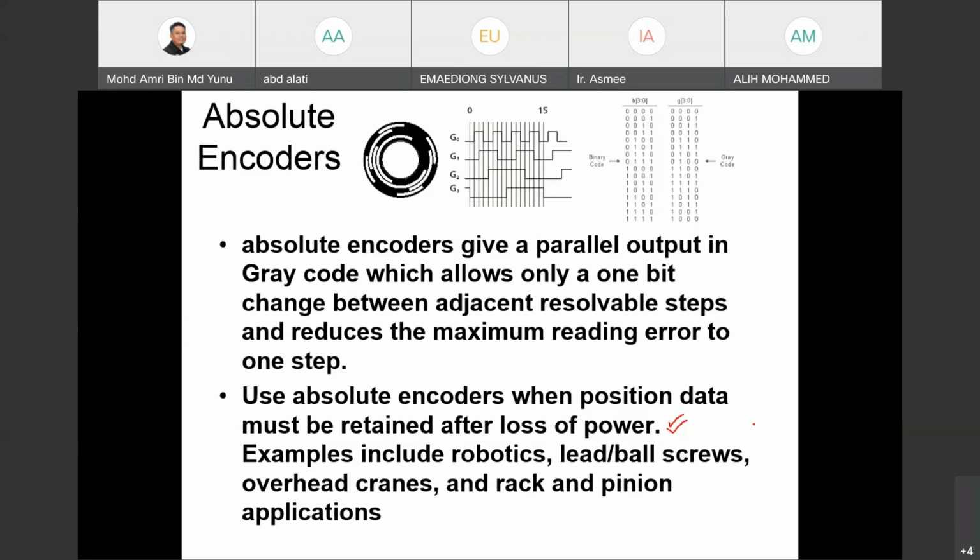When there is a shutdown, the robotic arm will suddenly stop. So when the power is restored, it knows the actual position, and then tries to create a path to return to the origin safely. So this can be done by using an absolute encoder.